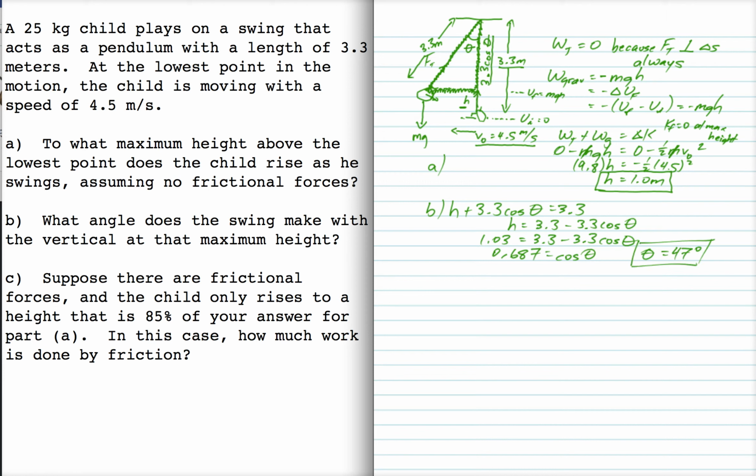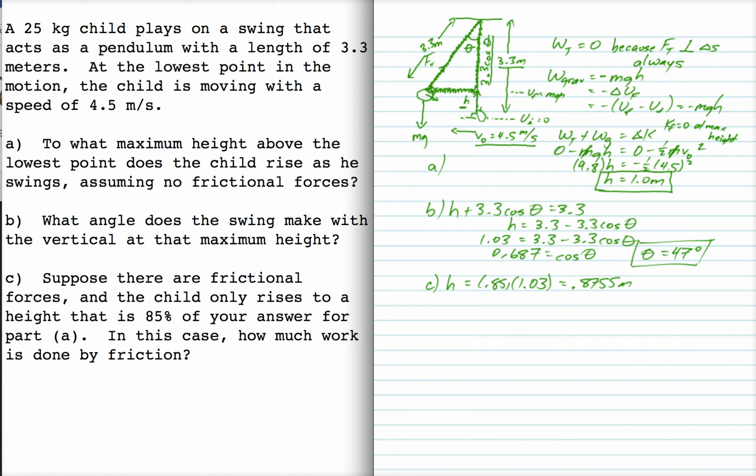Right. Part C. Now we have frictional forces, and the child only rises to a height that is 85% of your answer for part A. Okay, so the final height is 85% of 1.03, which is 0.8755 meters. So we want to know how much work is done by friction.